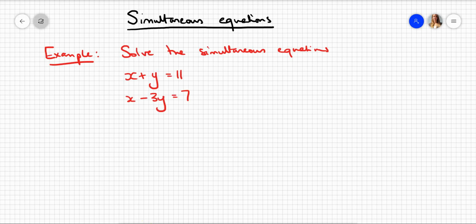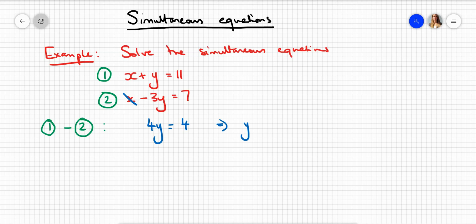Now what we usually do here is we will label the equations 1 and 2, and I'm going to do equation 1 minus equation 2. When I do that, I will get x minus x, y minus negative 3y, so that'll be y plus 3y, and 11 minus 7, which tells me that y equals 1.